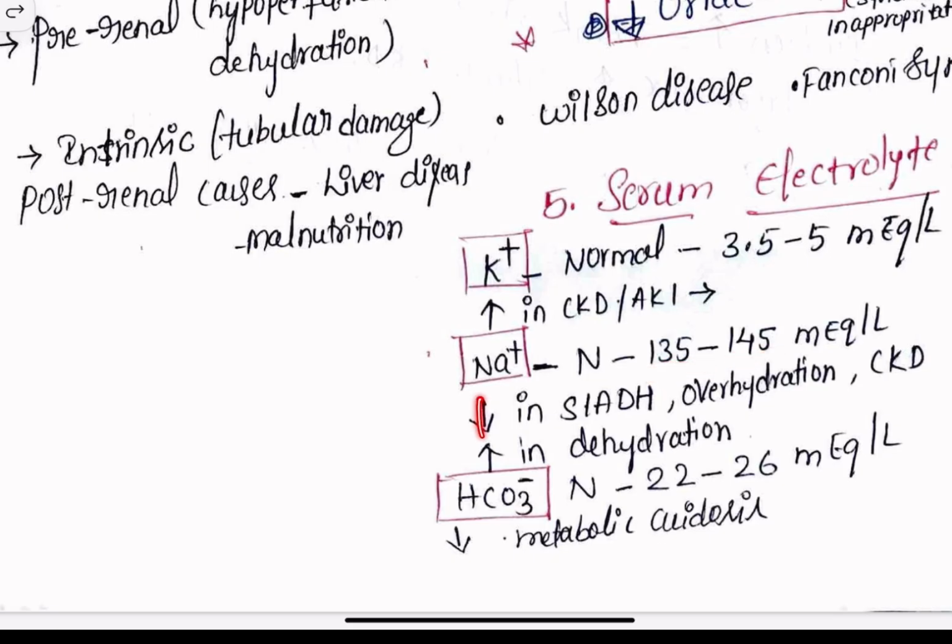Sodium is decreased in SIADH, overhydration or CKD conditions. Sodium is increased in dehydration. Bicarbonate normal value is 22 to 26. The decrease in bicarbonate is seen in metabolic acidosis.